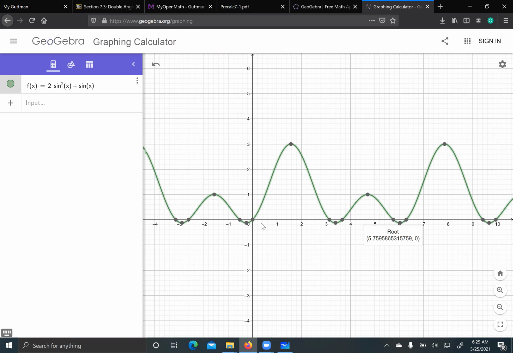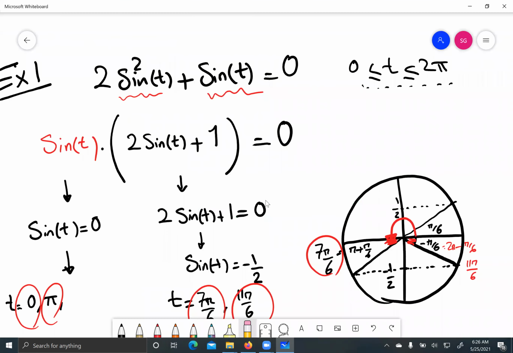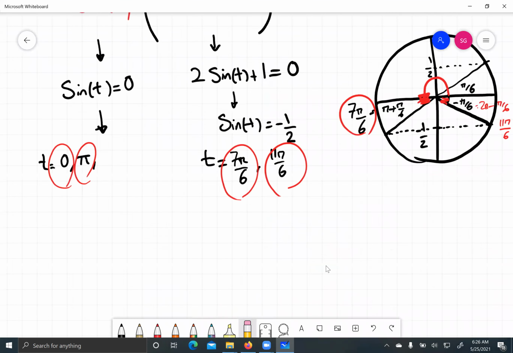And that's it: 1, 2, 3, and 4. Yes, because 2 pi is here, right? So up to 2 pi, there are 1, 2, 3, and 4 x-intercepts, which we also found algebraically.